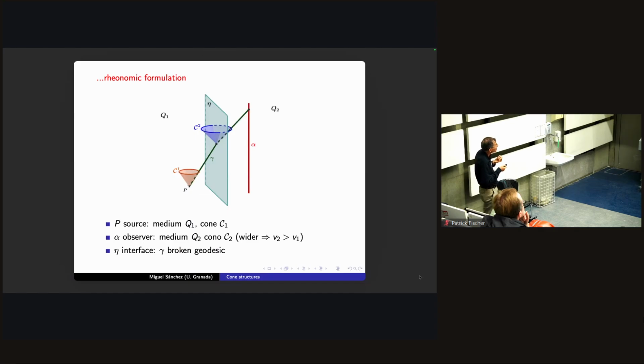Now the picture is as follows. We have here an interface, okay, and two cone structures, one at each side of the interface. Now the point is the following. We start here with a lightlike geodesic, it will arrive at this lightlike curve alpha, but how does it behave here at the intersection point, okay?